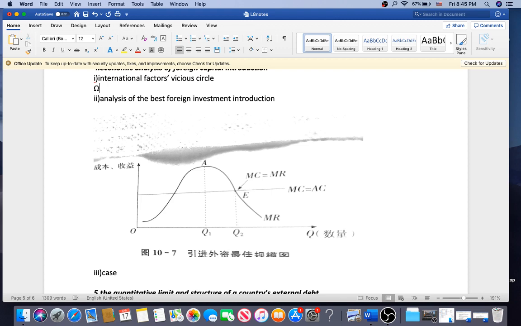So at point E, the combination is the most abundant, and the integration is full. So the total revenue at point E is the greatest.